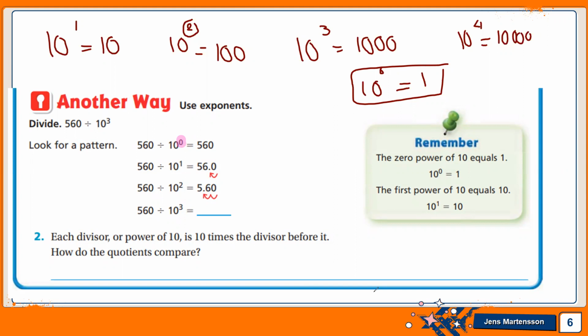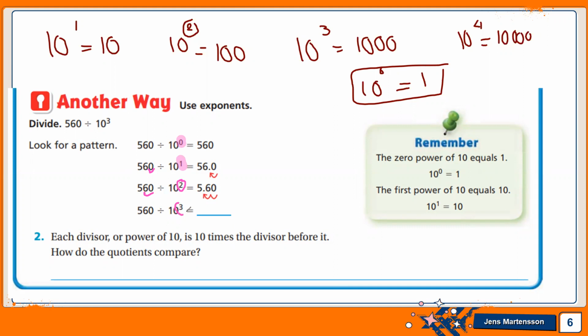Now look at the second one here. What is the power here? Raised to 10, it's 1. So what does it mean? I have to move the decimal point 1 digit. If it is 2, I have to move it 2 digits.